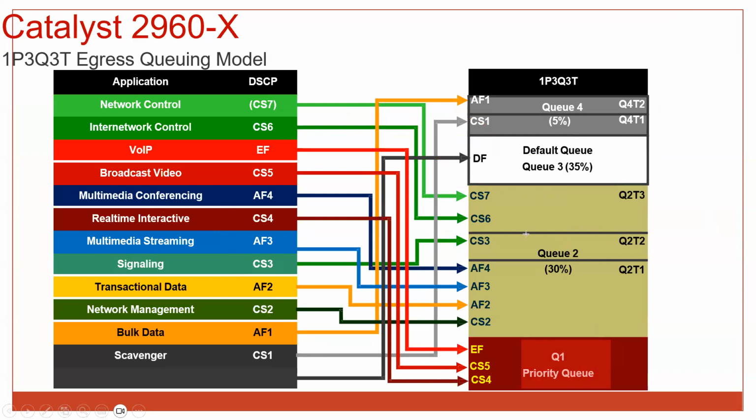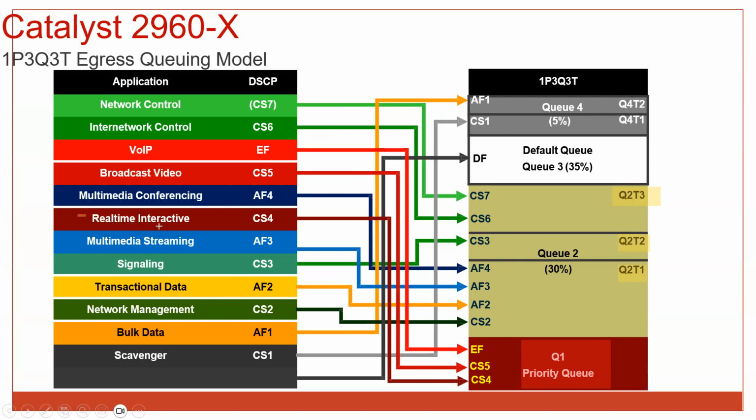Then you can see Q2 having 3 thresholds. In Q2, this is business related traffic. We have CS2, CS3, and then AF assured forwarding.